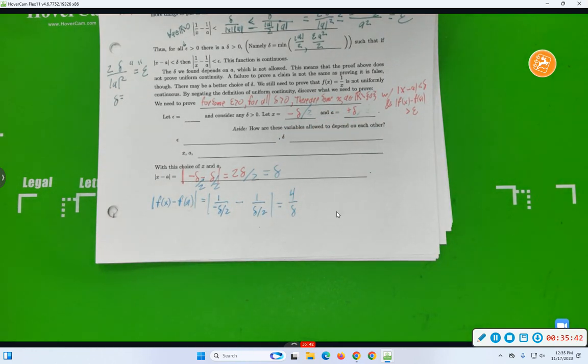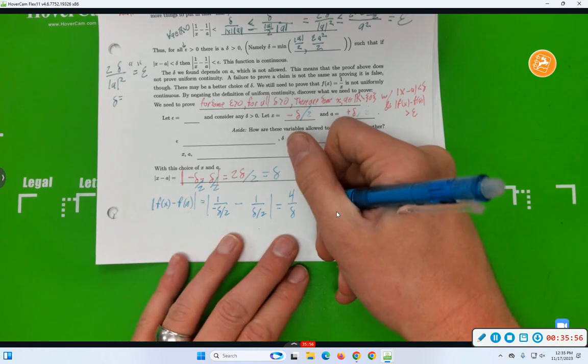Cool. And remember, the interesting thing is going to happen when delta is small. Can I make that really big when delta is small? Cool, so let's do this.